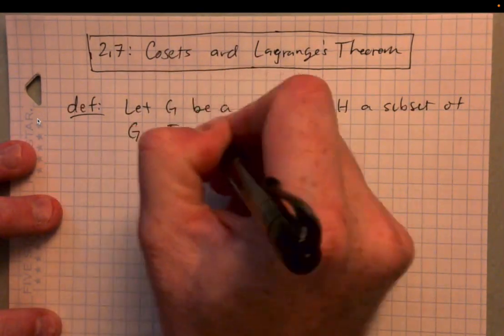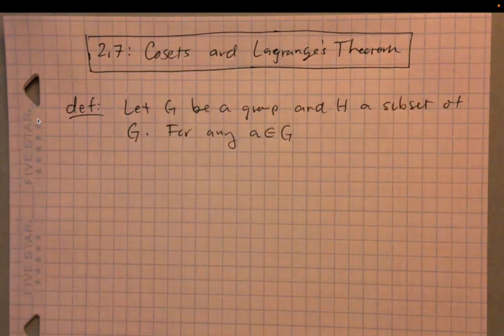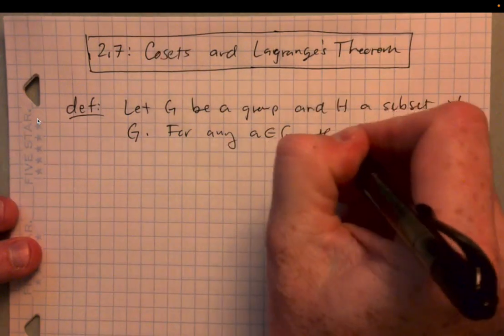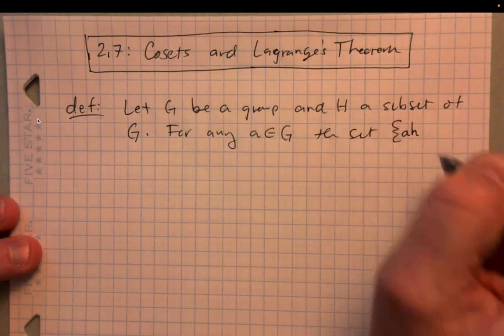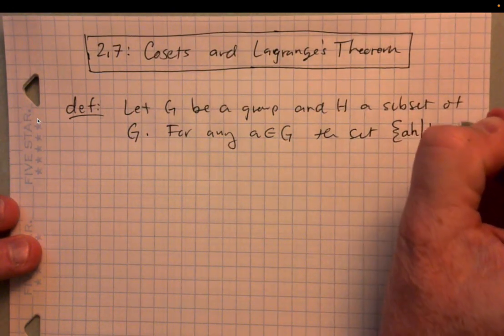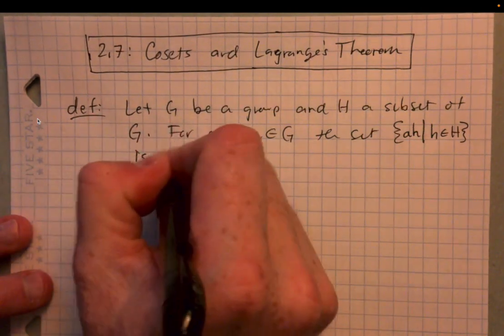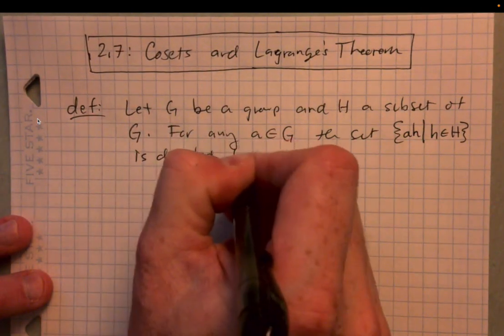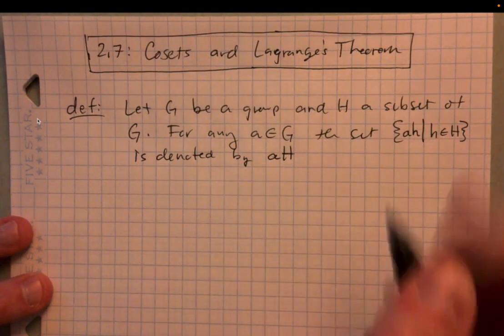Then for any element in G, we'll call it A, for any A in G, the set A times H, such that H is in the subset H, is denoted by A times capital H here.